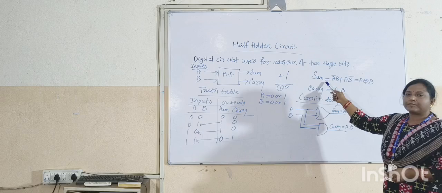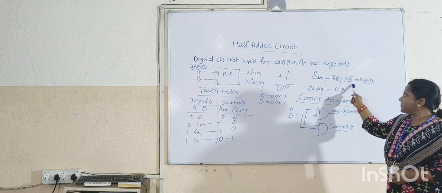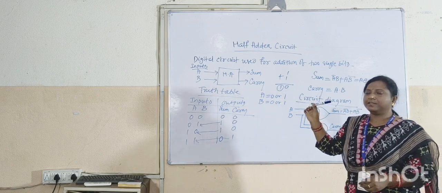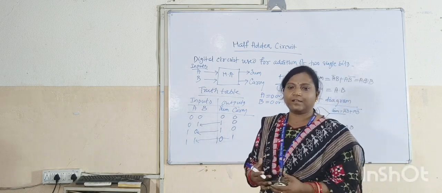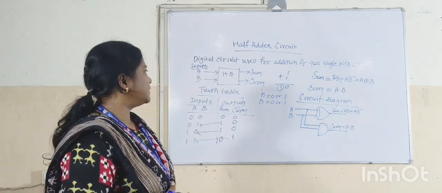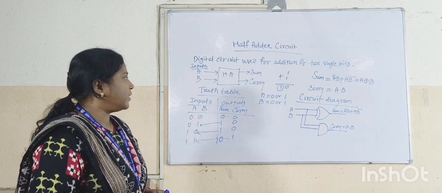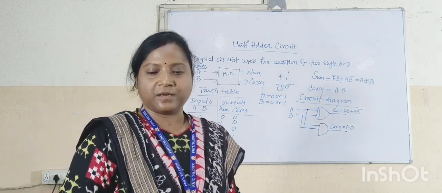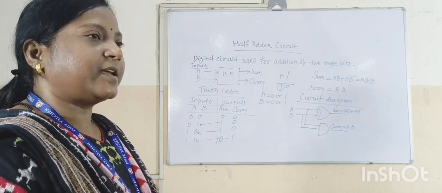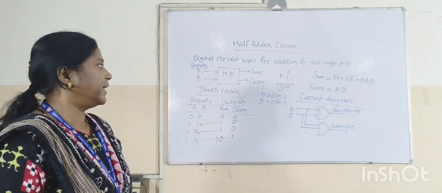What is the output expression of sum? That is A XOR B. And what is the output expression of carry? That is A dot B. The output expressions can be designed using a circuit diagram with logic gates. So this is the circuit diagram of the half adder circuit where the sum expression is equal to A XOR B and the carry output expression is equal to A dot B.